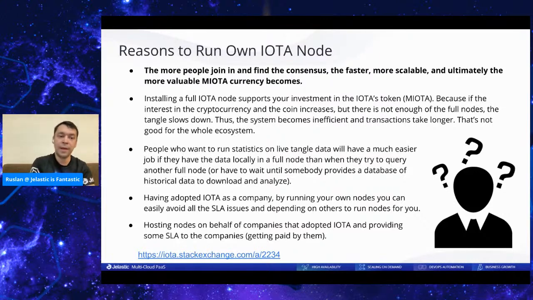Another option is that you can offer hosted services for somebody who is interested in such nodes. So there are different kinds of benefits. Actually, I found them at this link, where some people were discussing the reasons to run your own IOTA node. Please feel free to join this conversation and maybe add your additional benefits.